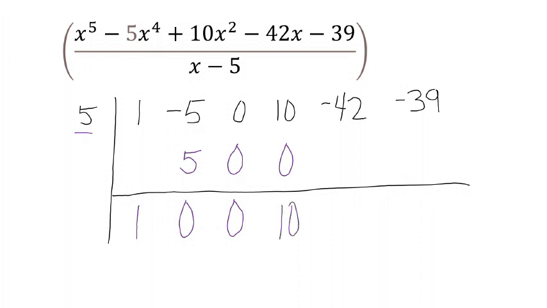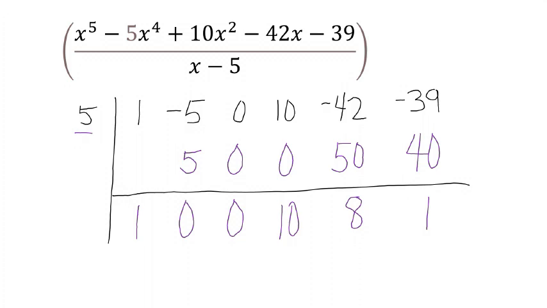Multiply our 5 times 10, and we get 50. If we add -42 plus 50, we get 8. Then we multiply our 5 times our 8, which gives us 40, which we put in our last column. Negative 39 plus 40 equals 1.